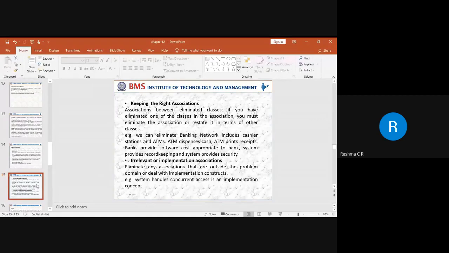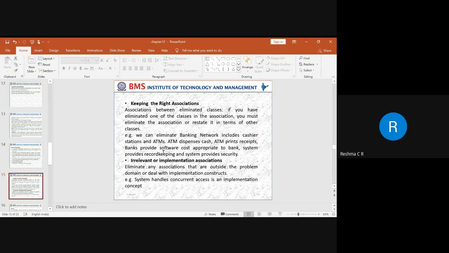So here is an example. The banking network includes a cashier station and an ATM. When the ATM machine dispenses cash, it prints the receipt and it updates the banking software.